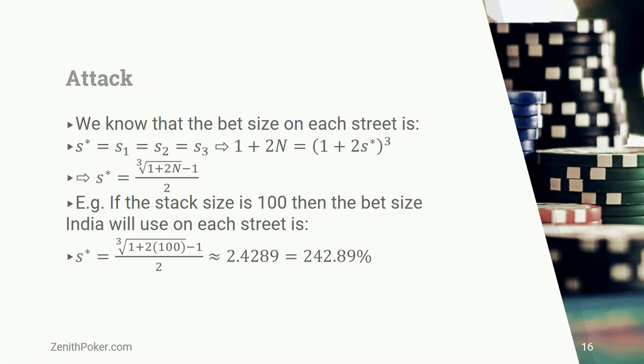So here, if we have a starting stack size of 100, we would know that the optimal bet size on each street, which is exactly the same on each street, is going to be 242.89%. So with a pot size of 1 and a starting stack size of 100, India will bet 2.43 times the pot on each street, with the last bet being all in.